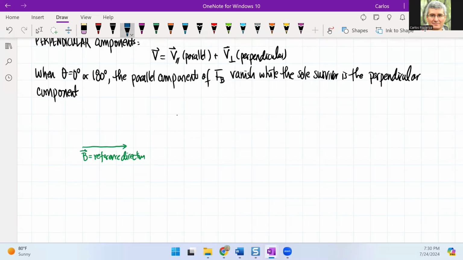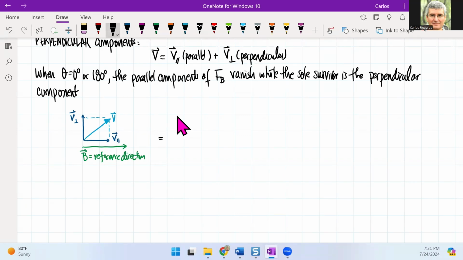So now I have velocity components. I have a velocity component that's going to be V parallel. I have another component that's going to be V perpendicular to the magnetic field. But you can see here that this is really the velocity vector, which I'm just breaking down into its components.